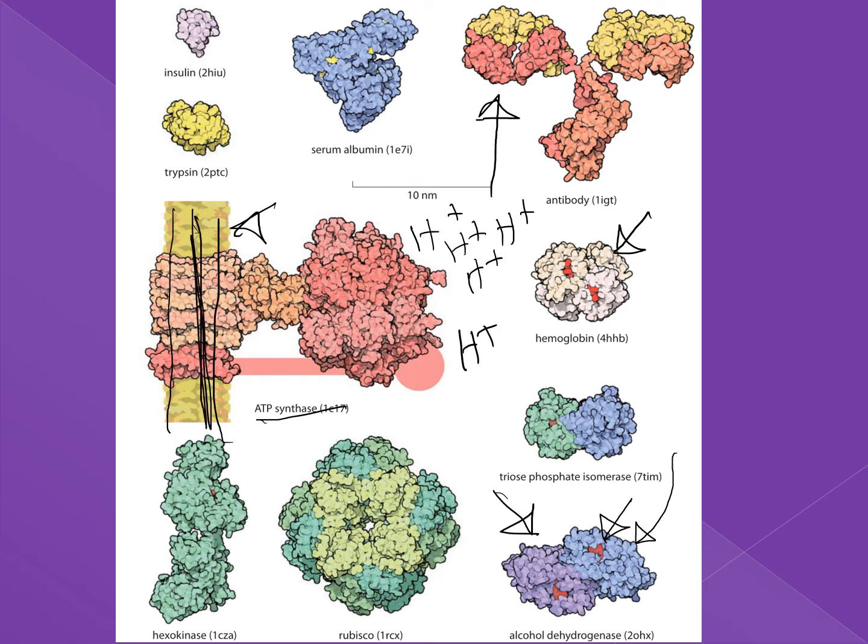The cell manages to get all of the H+ ions crowded into a tiny little room on this side of the membrane, and they are positively charged, so they repel each other, so they wind up diffusing through this whole apparatus. And this part here actually will rotate as the protons diffuse through, and as it rotates, it produces ATP. So point being, proteins are like big machines in many cases.